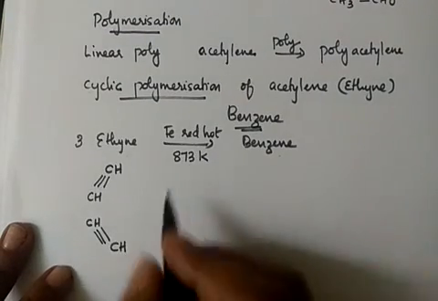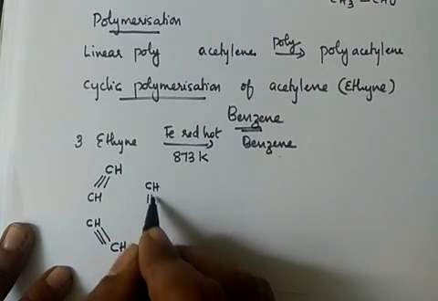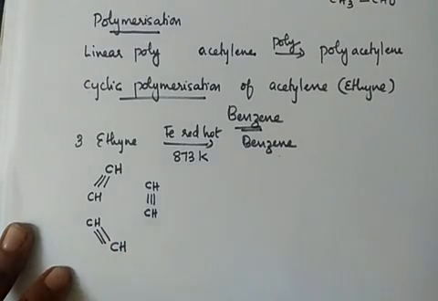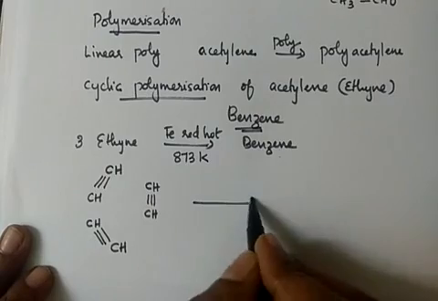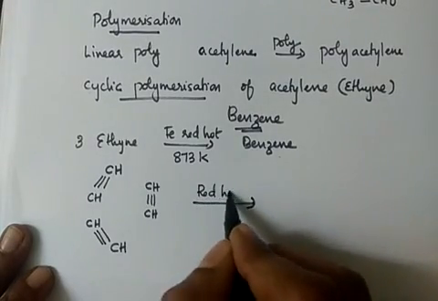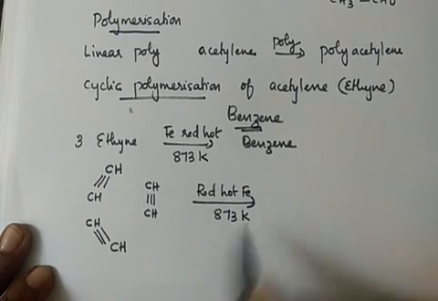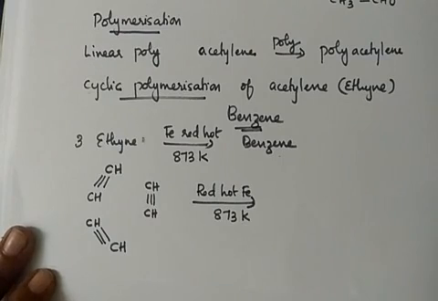Then the next molecule you can write here, CH triple bond CH. When this is passed through red hot iron at 873 Kelvin, cyclic polymerization occurs.